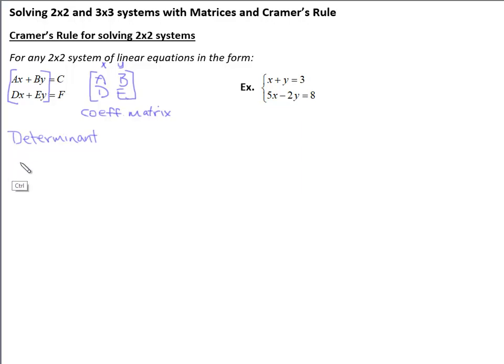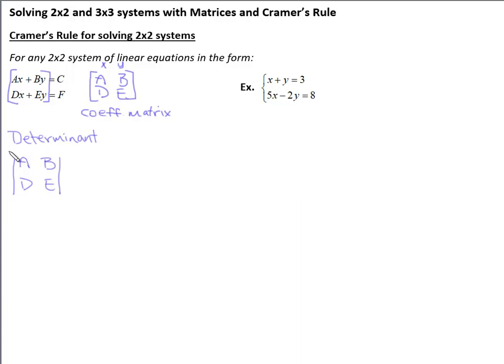When we find the determinant, we use these vertical bars rather than these brackets around our matrices. So just like a vertical bar, if I can draw one straight enough. If you see just vertical bars and they're not really brackets around a matrix like this, it means we're finding the determinant.